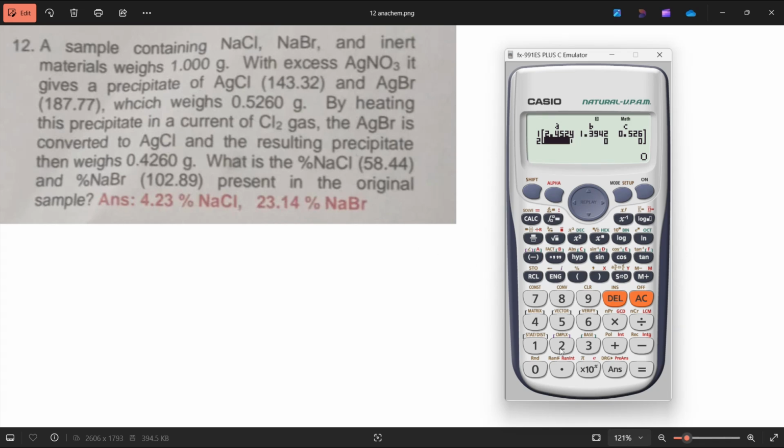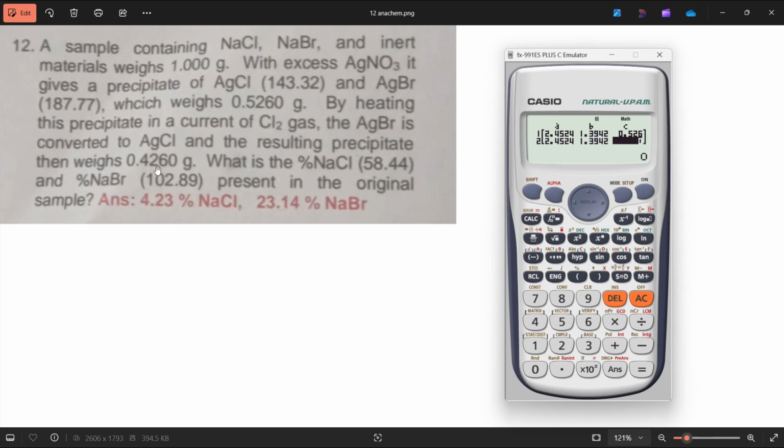Okay? So 143.32 divided by 58.44. And then still the same, 143.32 divided by the molar mass of NaBr, 102.79.